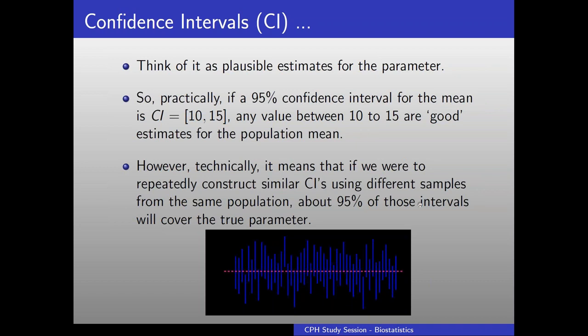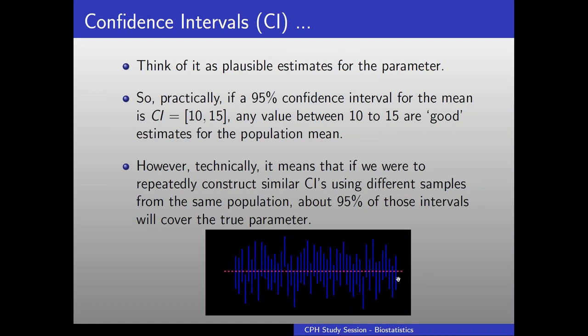So in this graphic I have below, suppose this red line in the middle is the true mean. Okay, and you're going to have one of these confidence intervals. So these blue lines are confidence intervals constructed from different data sets. You're only going to see one of them. You don't know which one you're going to see.